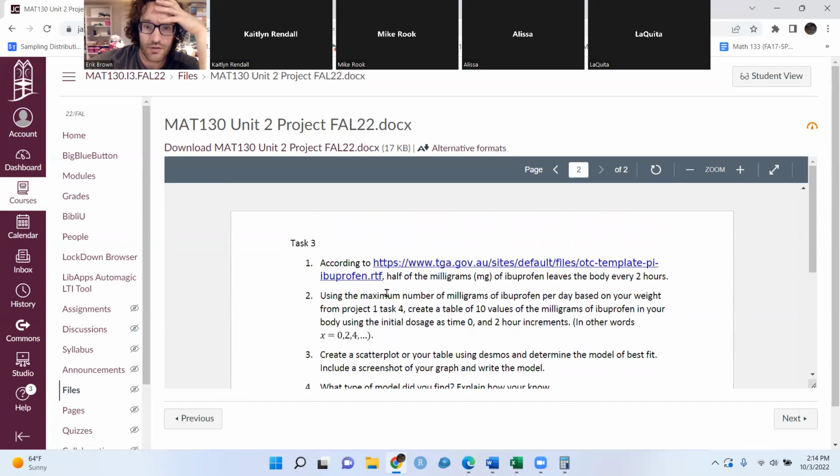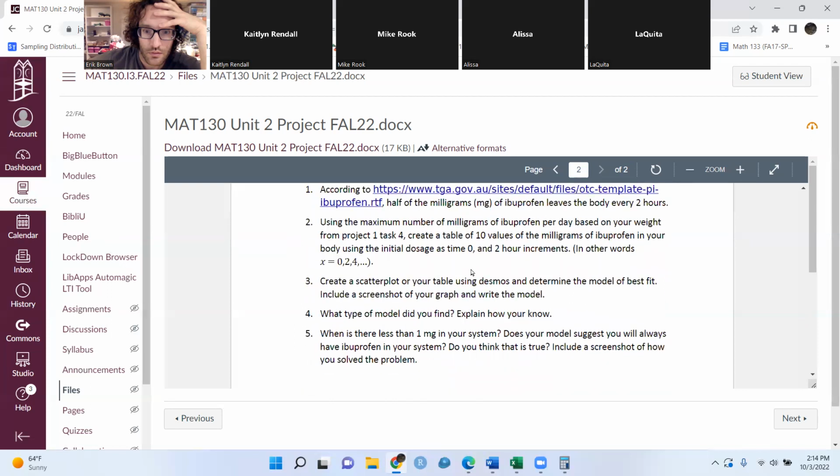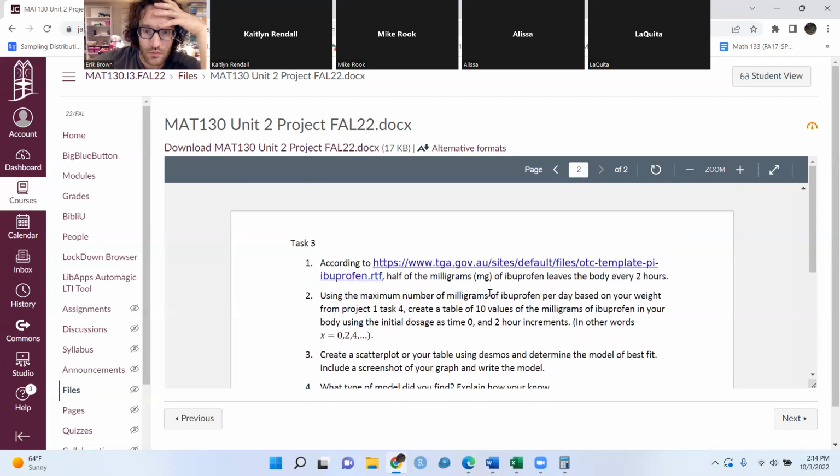Note, we're asking you to use your information from your first task. All right, so just copy in your weight or the calculated value from project 1, task 4.